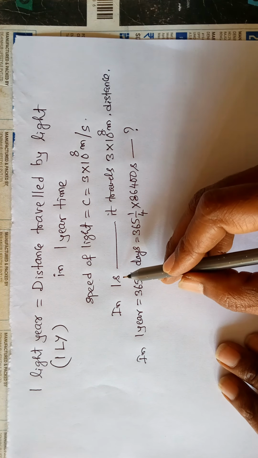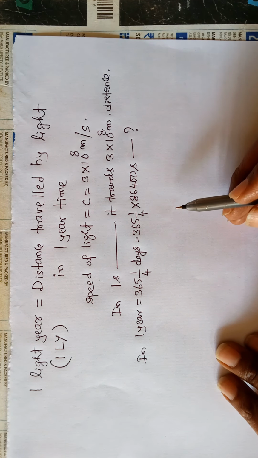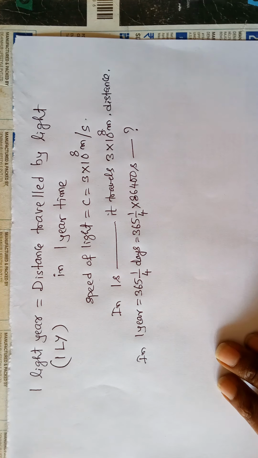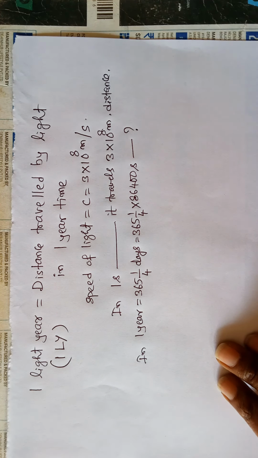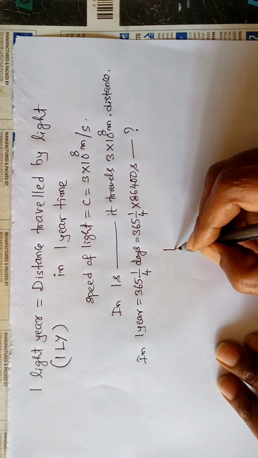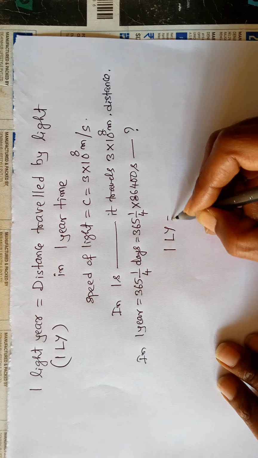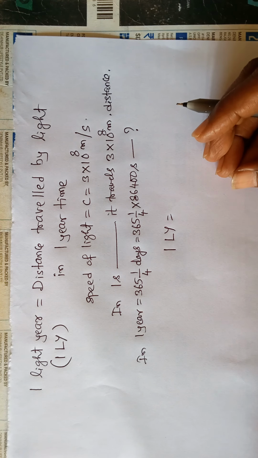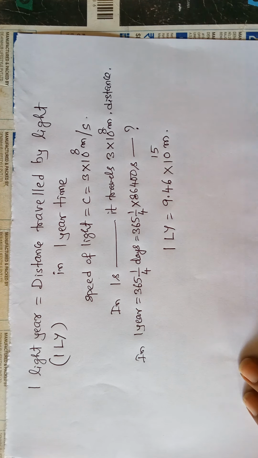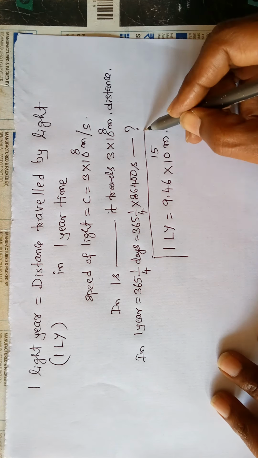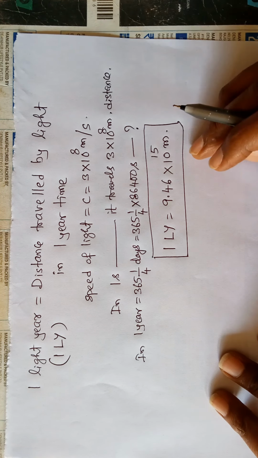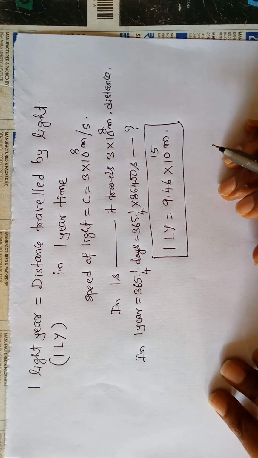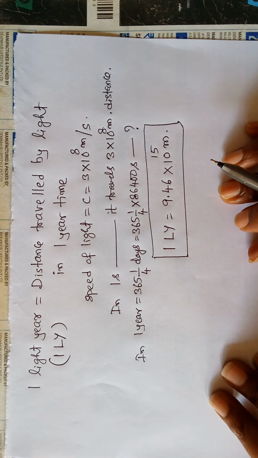So in 1 second it travels this much distance. In so many seconds it travels how much distance? So if you calculate, you will get this value: 9.46 into 10 power 15 meter. So this is the second unit for larger distances.